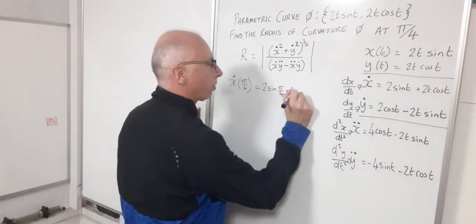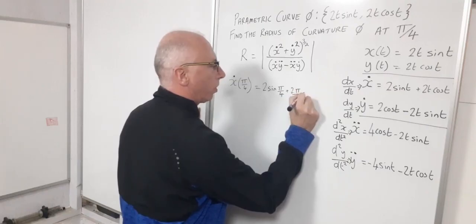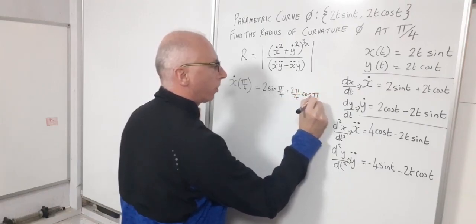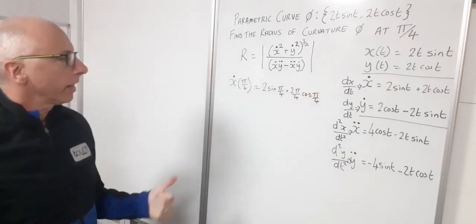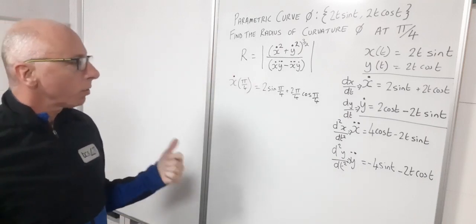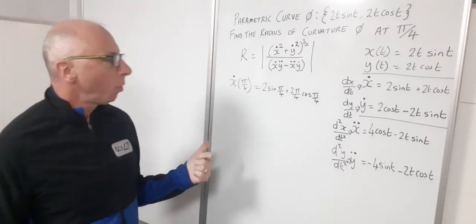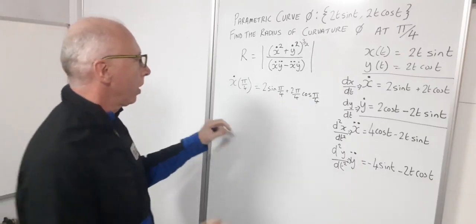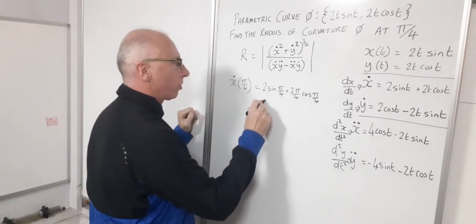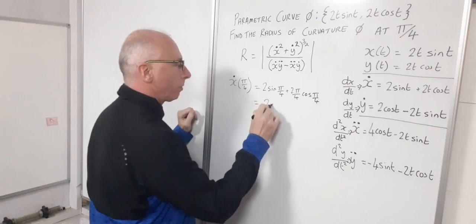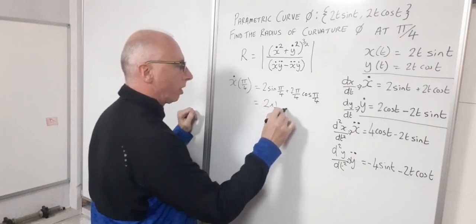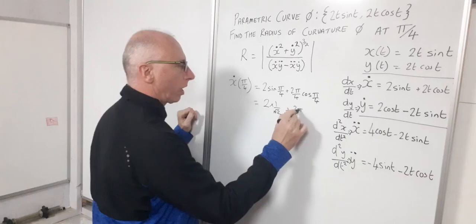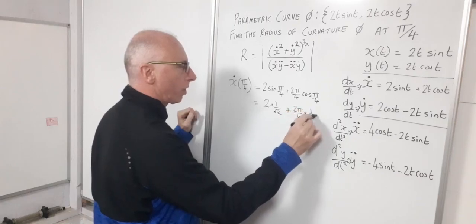Now sine pi over 4 and cosine pi over 4 are both 1 over root 2. So I can substitute 1 over root 2 for both of those. So now I've got 2 times 1 over root 2 plus 2 pi over 4 times 1 over root 2.